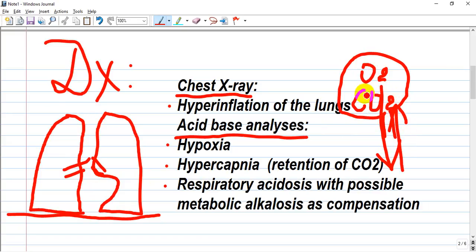CO2 is trapped, and from this retention we'll have hypercapnia. And as a result, on acid-base equilibrium, we see respiratory acidosis with possible metabolic alkalosis as compensation. It's from retaining of bicarbonate.